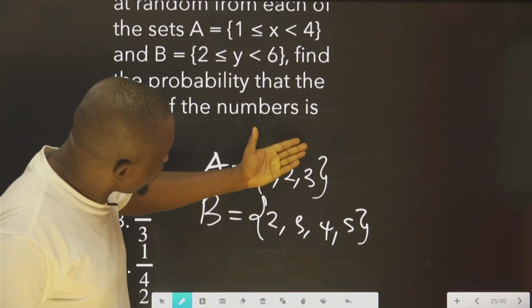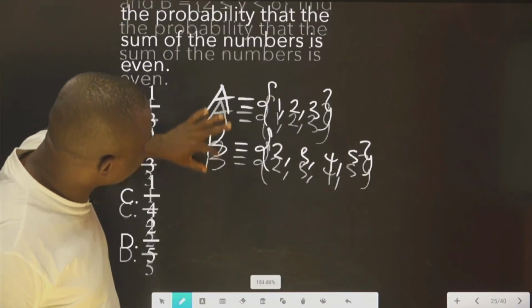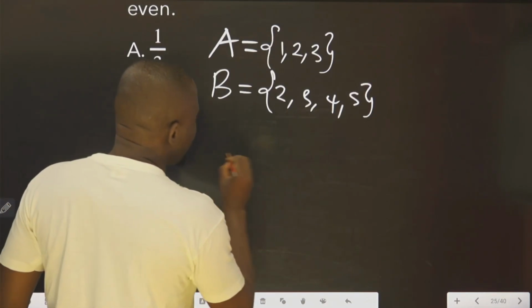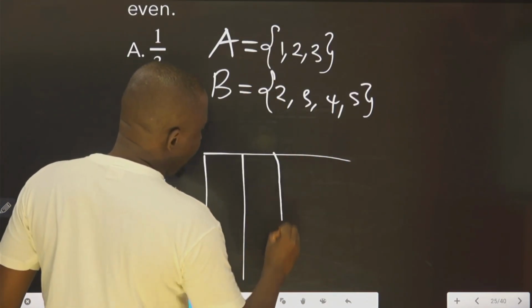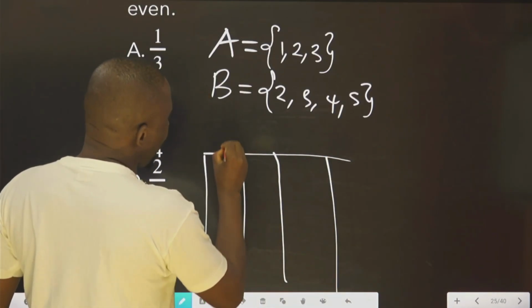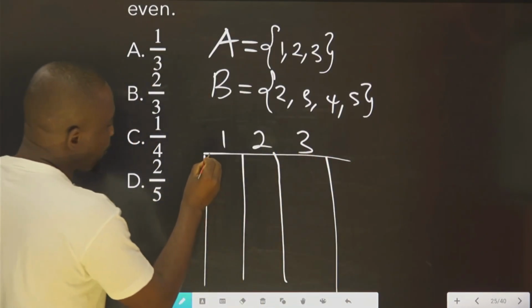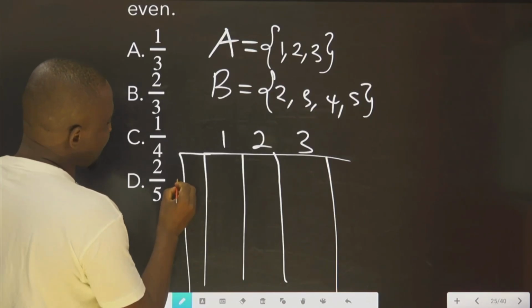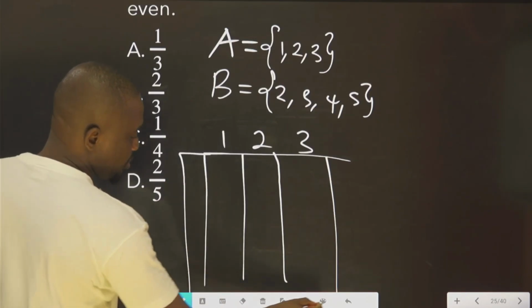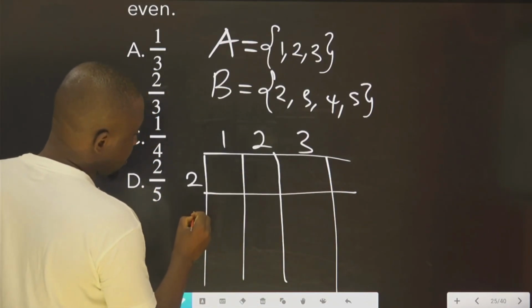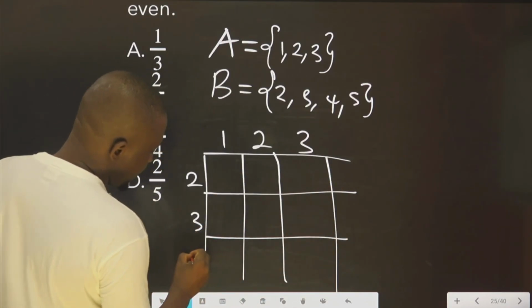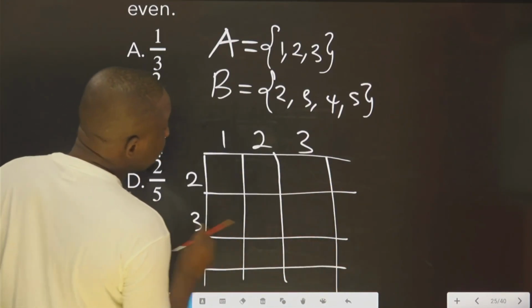Now, if you find the sum of this, how do we find the sum? To do it better, we just draw a table. We put this one at the top. That is to say 1, 2, 3. Then we put these other ones by the side here. That is 2, 3, 4, then 5.